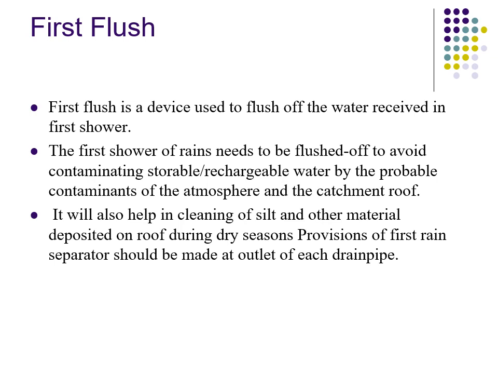And it will also help in cleaning of silt and other materials deposited on the roof during dry seasons. Provisions of a first drain separator should be made at the outlet of each drain pipe.